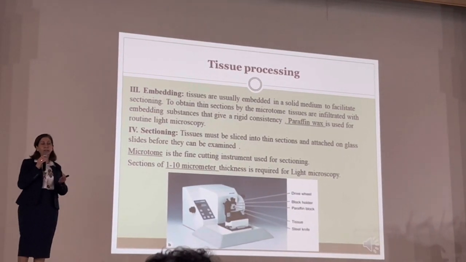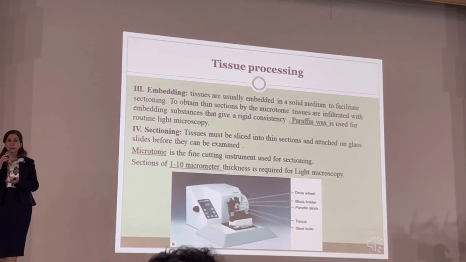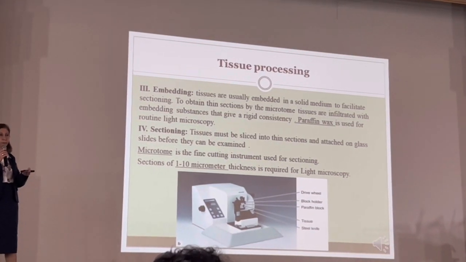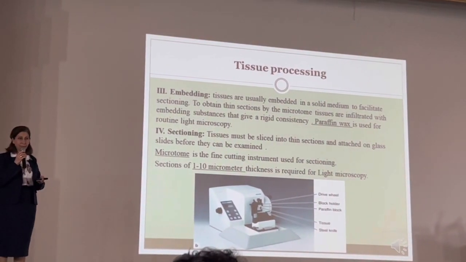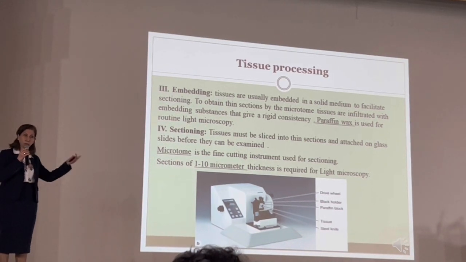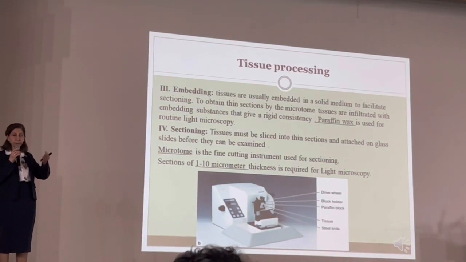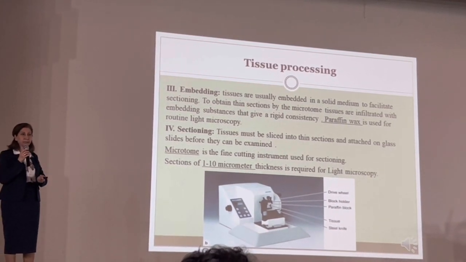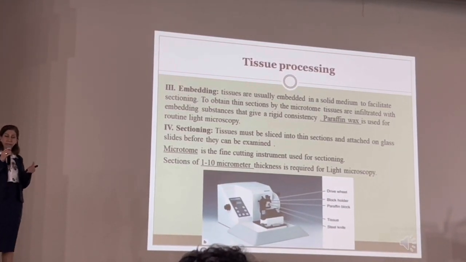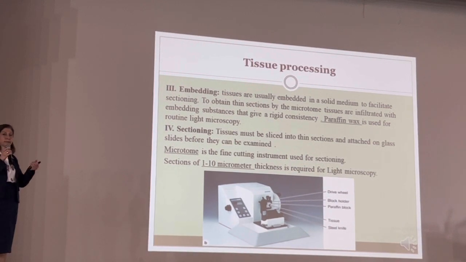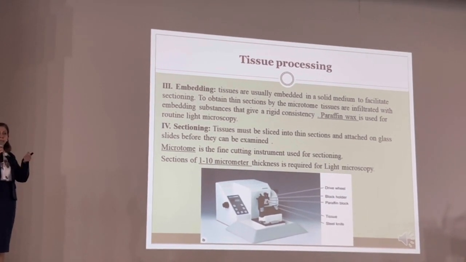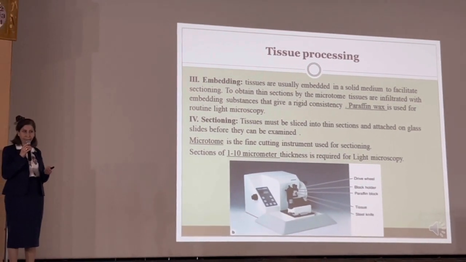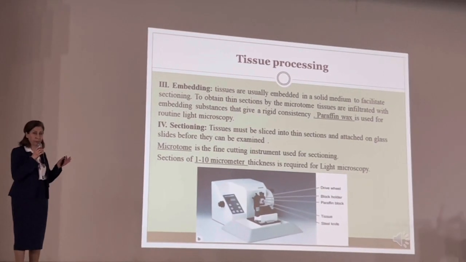While in the case of electron microscope, we need a tissue section of about 40 to 90 nanometers. So it needs a very hard embedding material like the plastic resin, and it needs a very hard and very sharp instrument to cut it.